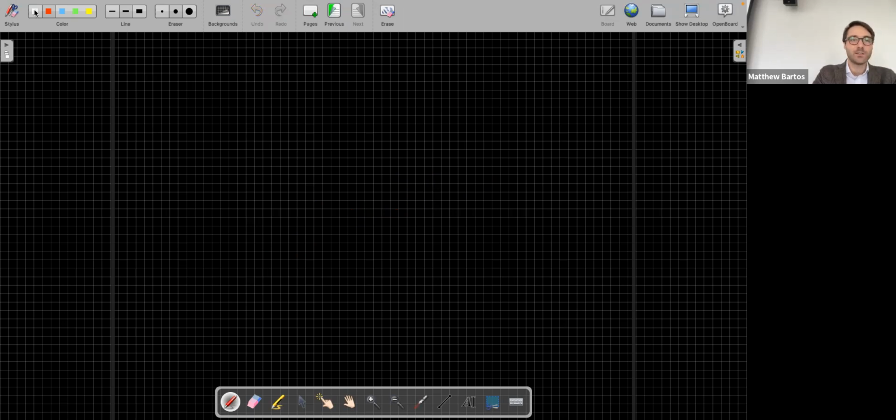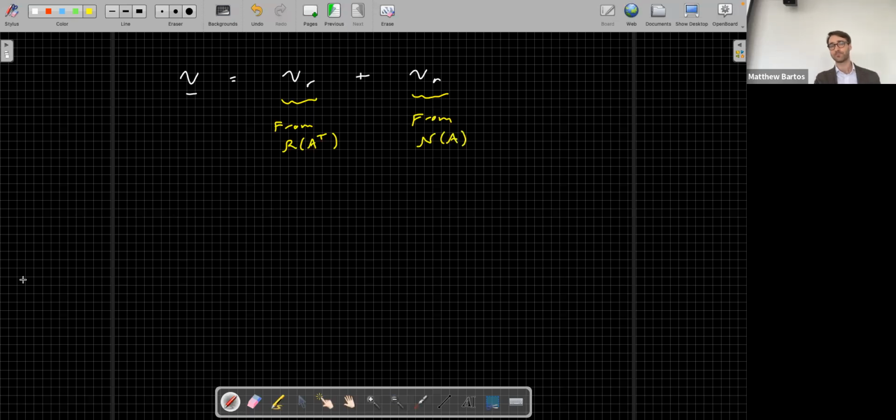So we have that for each of these vectors that map to our desired point Y, they're equal to some component from the range of A transpose plus some component from the null space of A. So let me write that this is from the range of A transpose, and this is from the null space of A, and I'm almost done here.